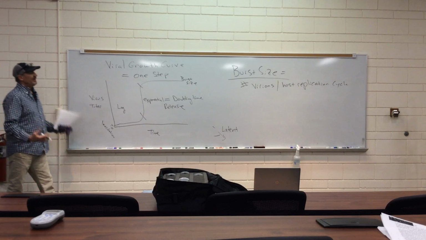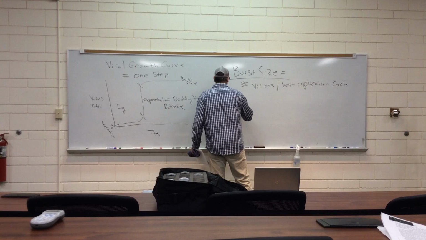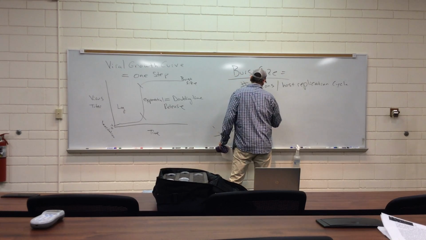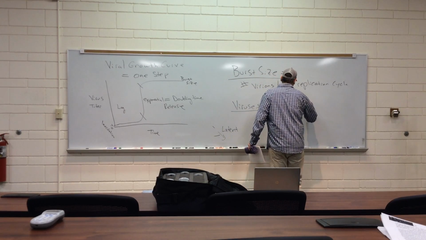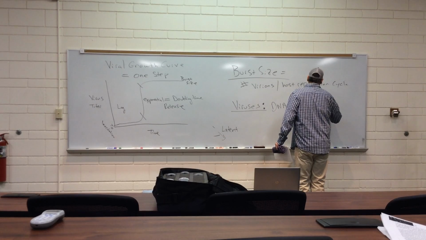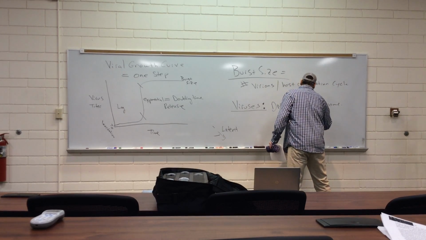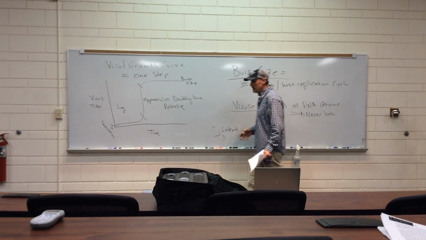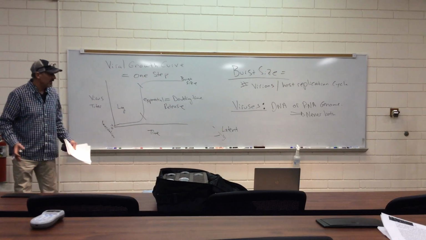So now once again we have these kind of crazy viruses. These viruses have the ability to have either DNA or RNA as their genome, but never both. That doesn't mean that they don't have mRNA and DNA in the host at the same time.